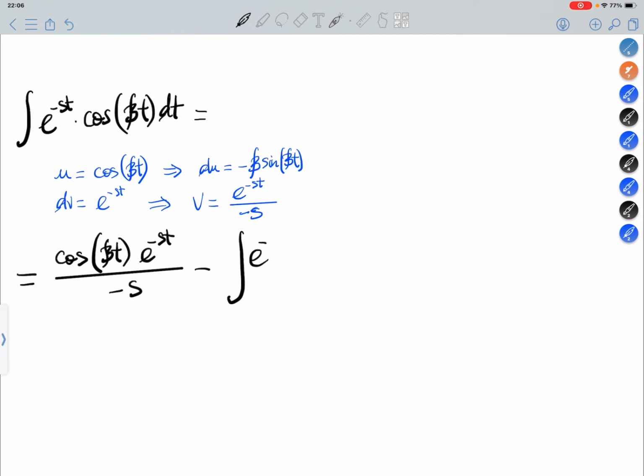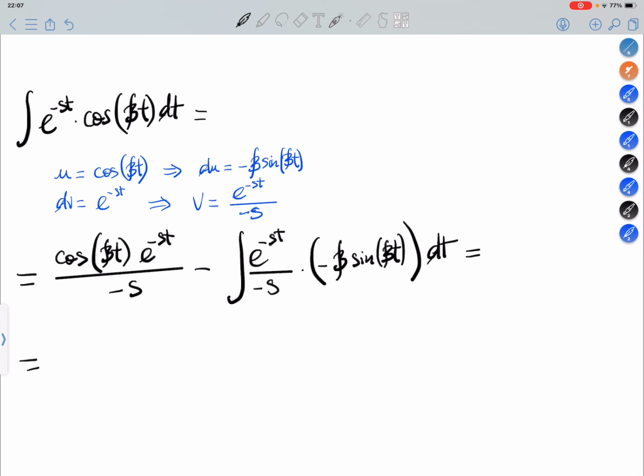That gives e to the power minus st over minus s times minus beta sine of beta t, with respect to t.